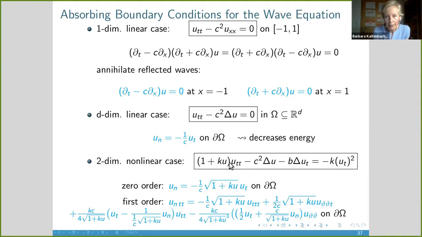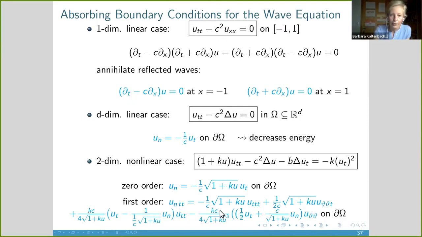If you divide by this nonlinear term, 1 + ku, you get something like an effective wave speed, namely c divided by 1 + ku. If you plug in this effective wave speed instead of this c up here, you end up with these zero-order nonlinear absorbing boundary conditions. And that's not just by doing it, but this can be justified by analytic methods.